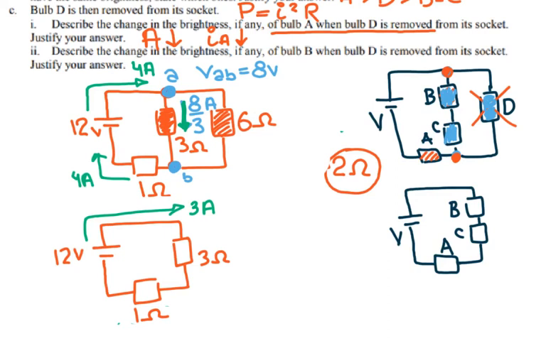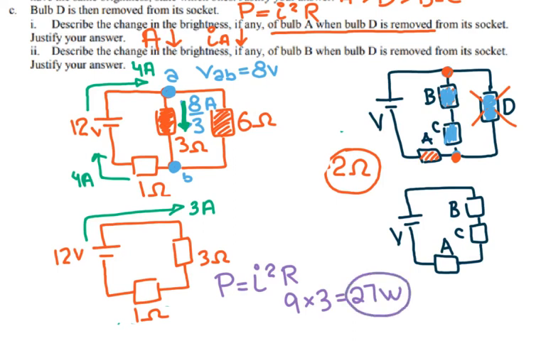So back to power equals I squared R. Through the 3 ohm resistor, the power is 9 times 3, 27 watts after I remove the 6 ohm resistor. But before, the current was 8/3, which is smaller than 3.